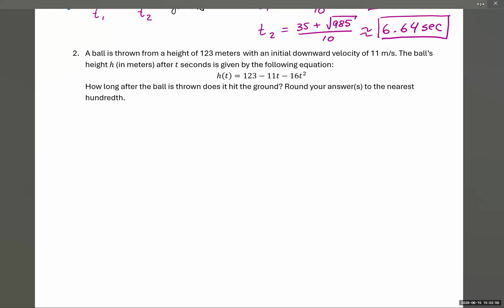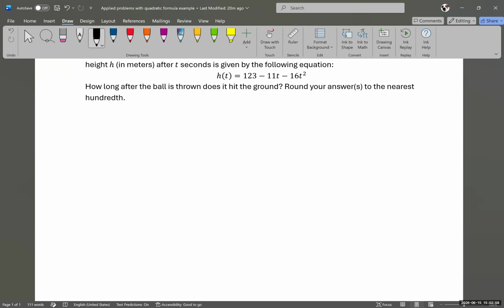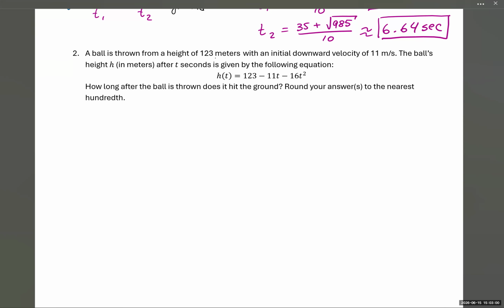We'll go ahead and visualize this one also. Now, this one is thrown from a height of 123 meters. That's pretty tall. So let's say you are on top of the building. You are throwing a ball from the building down. So here's your ball. We want to know how long after the ball is thrown will it hit the ground.